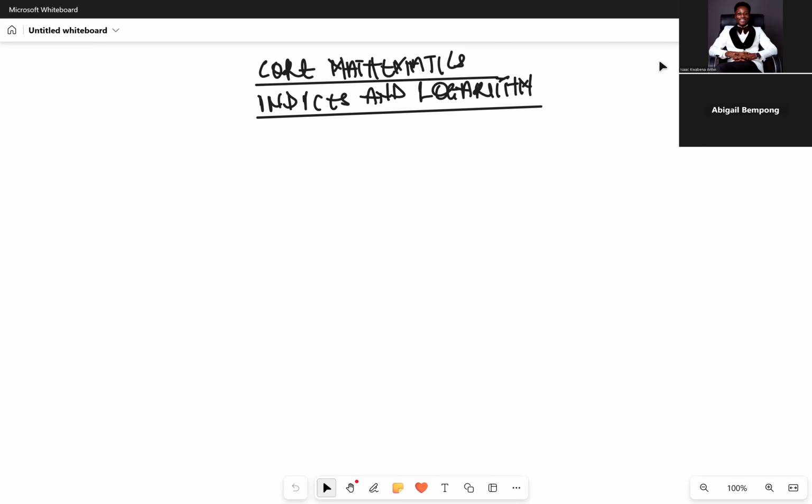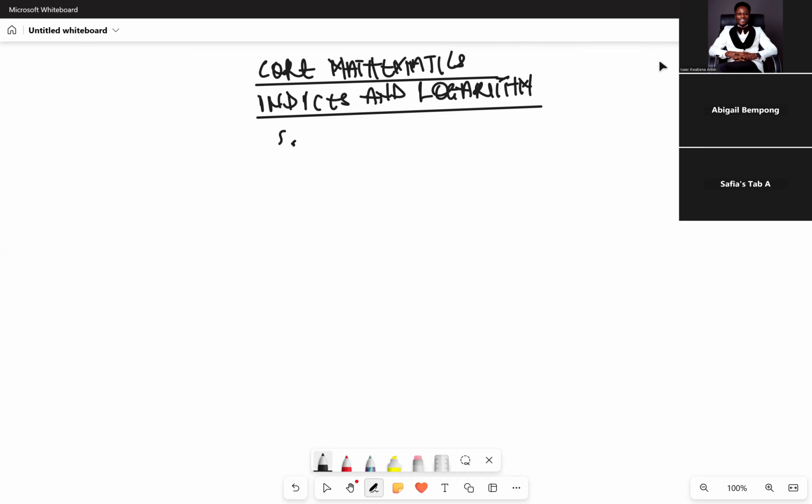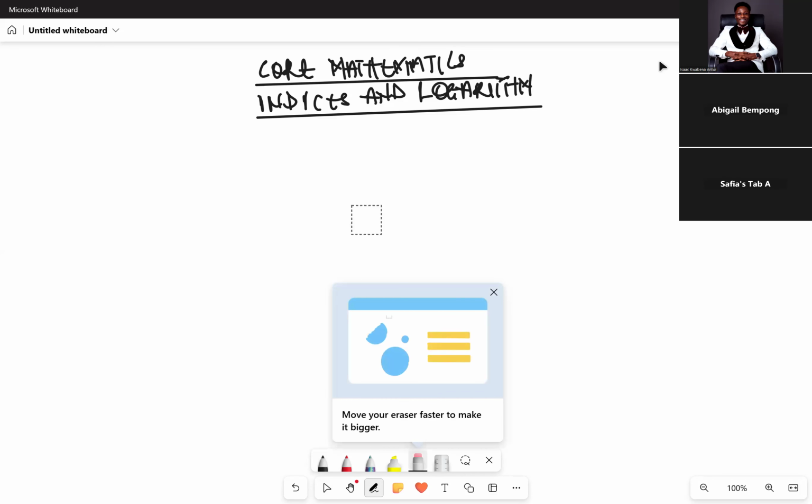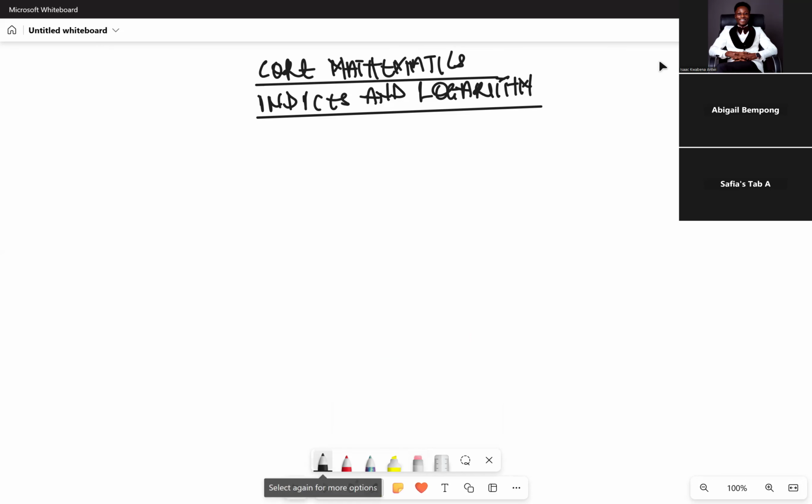Solving equations involving indices. So that's what we'll be doing today.